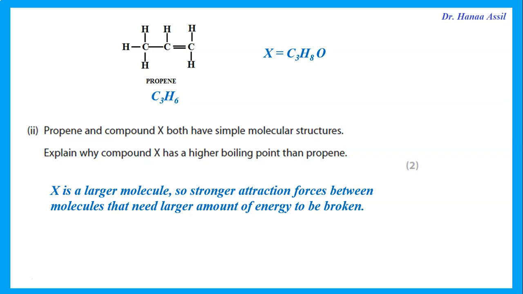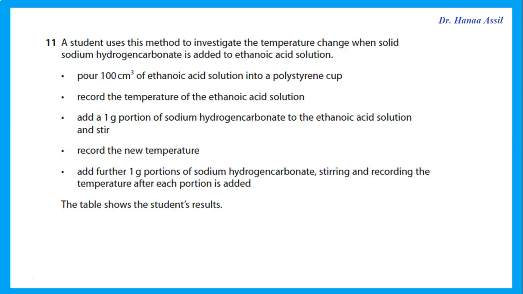And that needs larger amount of energy than the other one. So if we say X has higher boiling point, this is because X actually is a larger molecule. It has more electrons, so stronger attraction forces between molecules that need larger amount of energy to be broken compared to the propene.